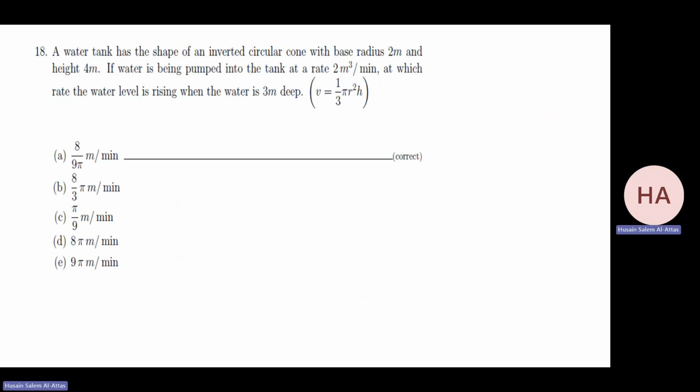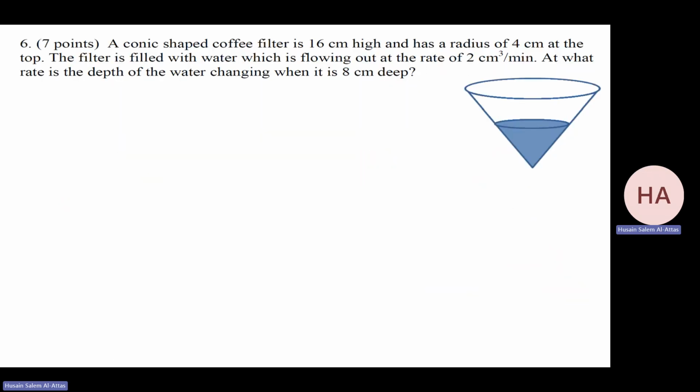Yeah, we have 4 slides remaining until I stop. A conical coffee filter is 6 centimeters high, and there's the radius at the top. This is 4 and this is 16. The filter is filled with water, flowing out at the rate given.